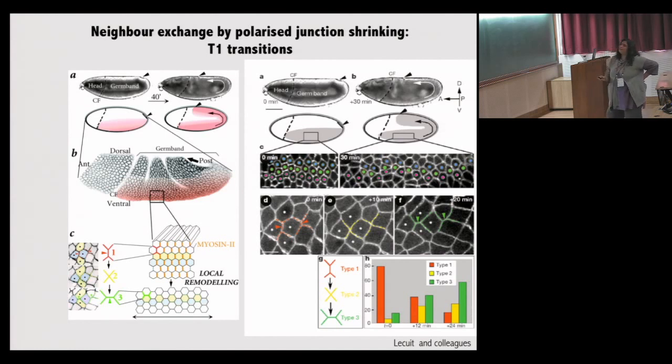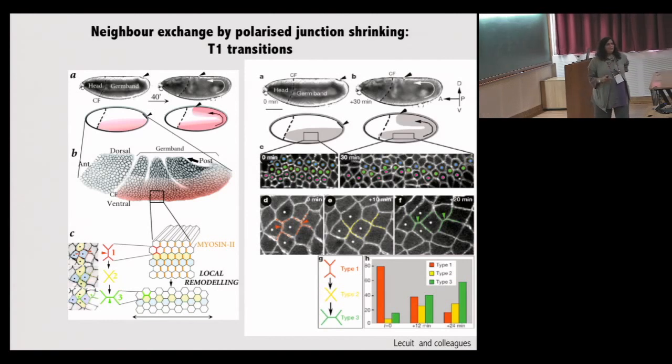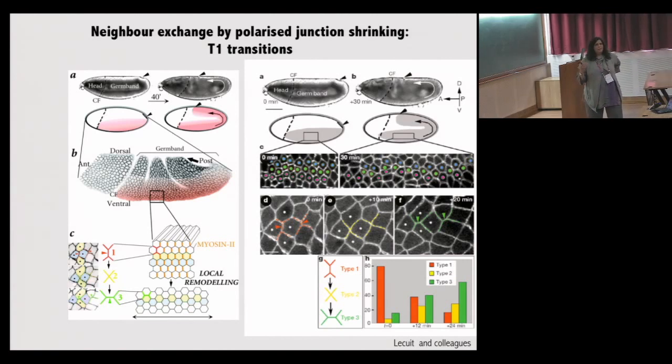So these sort of morphological transitions are called T1 transitions, and you will hear in the main course, possibly both from Frank Julicher and Guillaume Salbreux, some of the physics and the vertex models for these transitions.